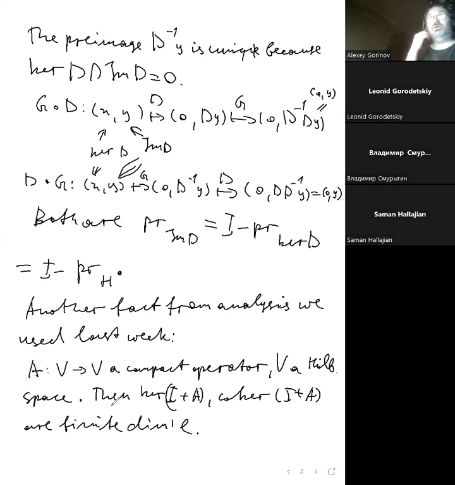In other words, we want to prove that if I have a compact operator, then the identity plus the operator is Fredholm. Well, first of all, let's prove that the kernel is finite dimensional.